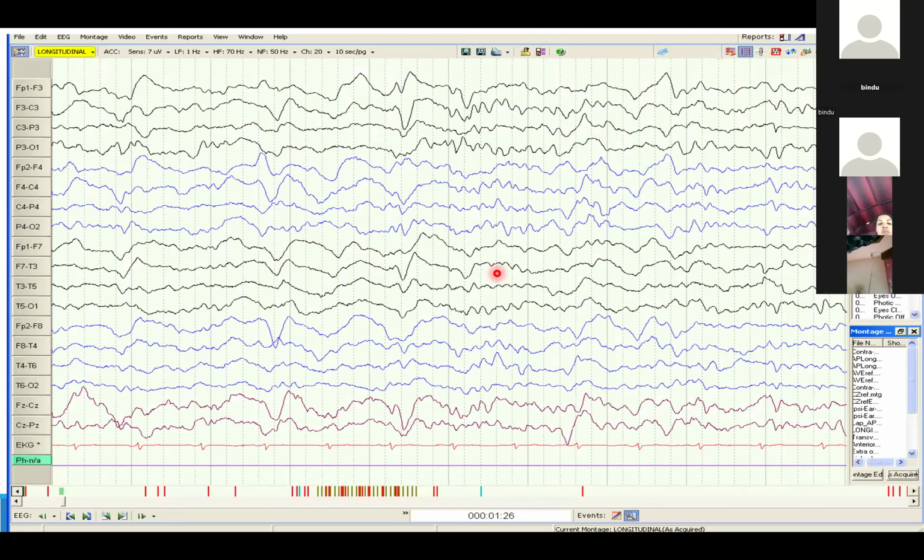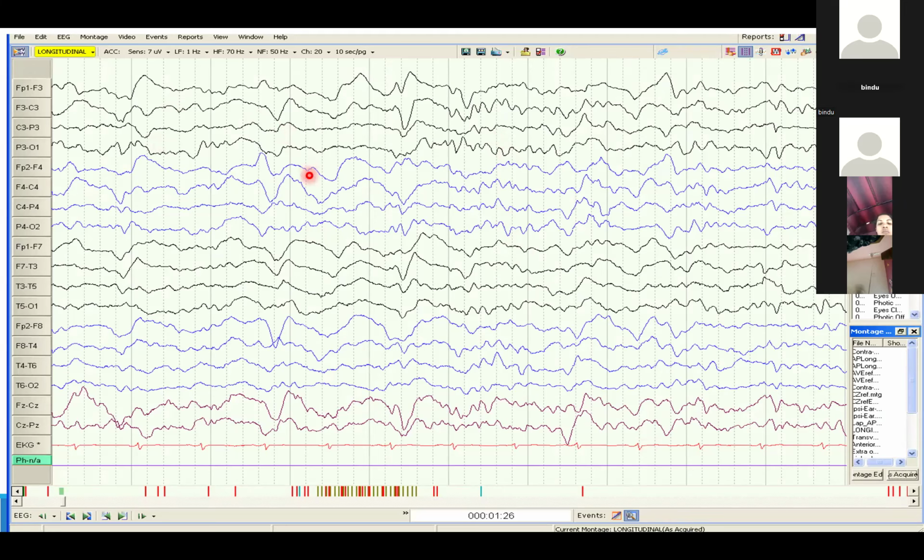Sleep spindles, probably sleep. Bilateral frontal regions start getting the specific pattern.